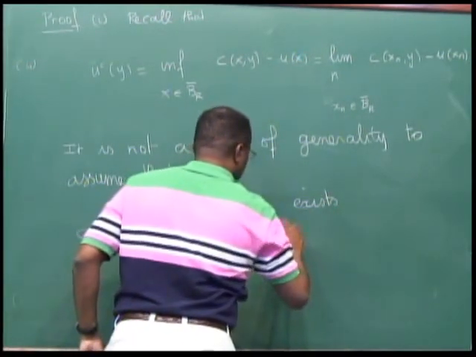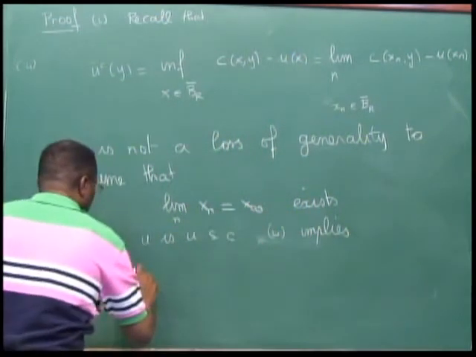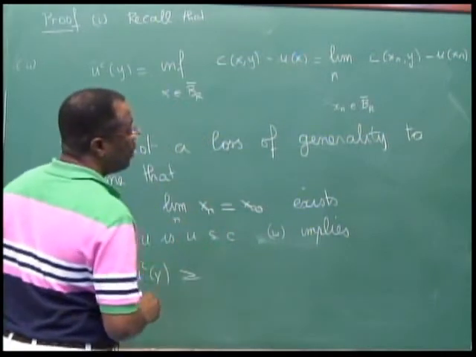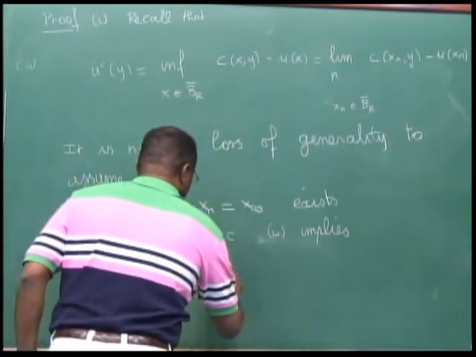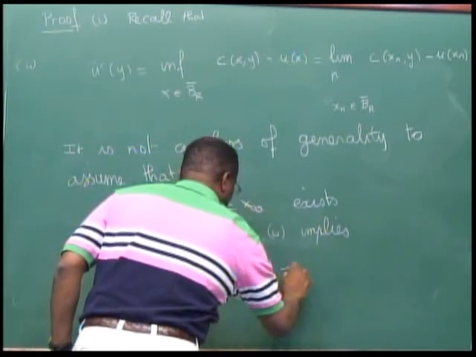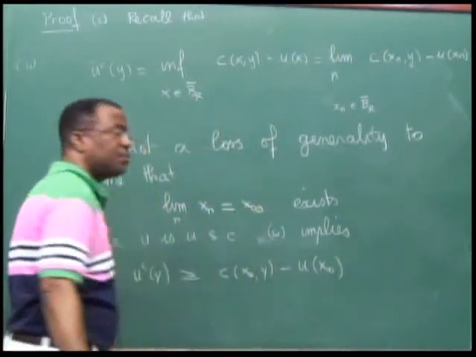4 implies that UC of Y is bigger than C of S infinity Y minus U of S infinity.